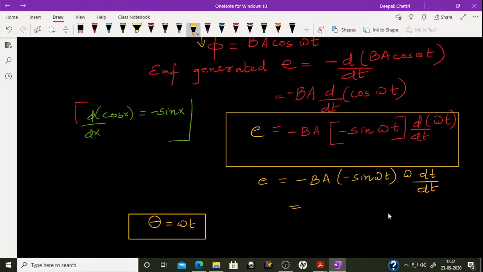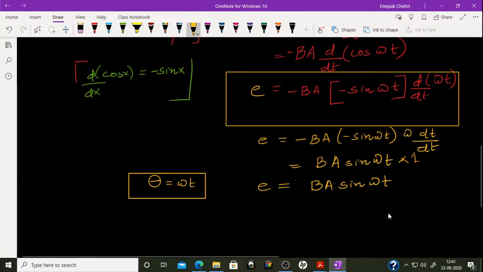Minus minus gives me plus, so that will become BA sine omega t, and d/dt of t is 1, so into 1. So the EMF that you will get is BA sine omega t. Is it clear how I got this?